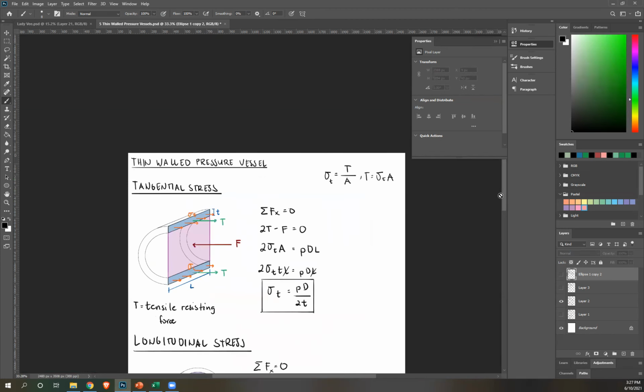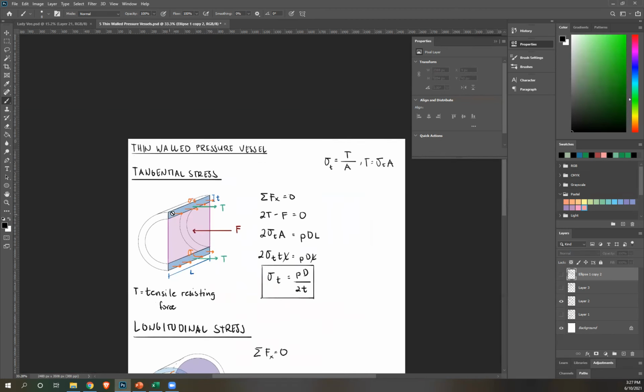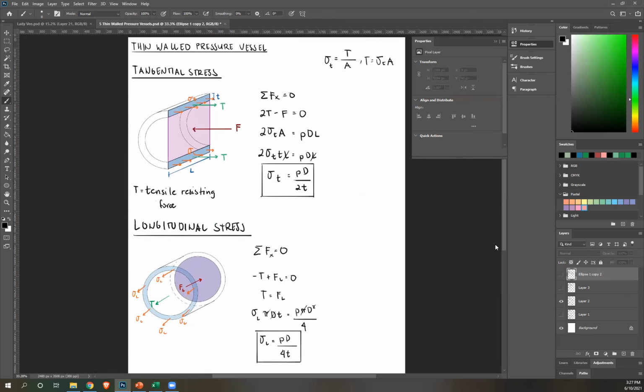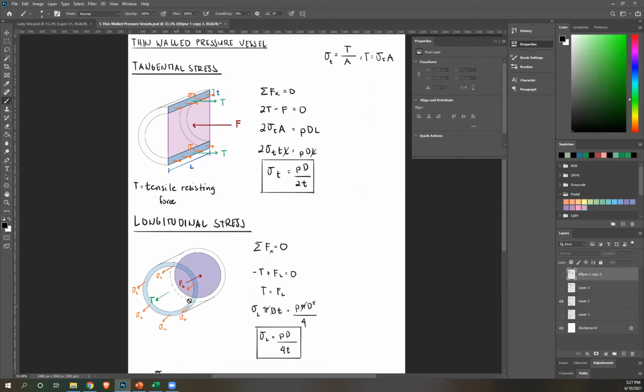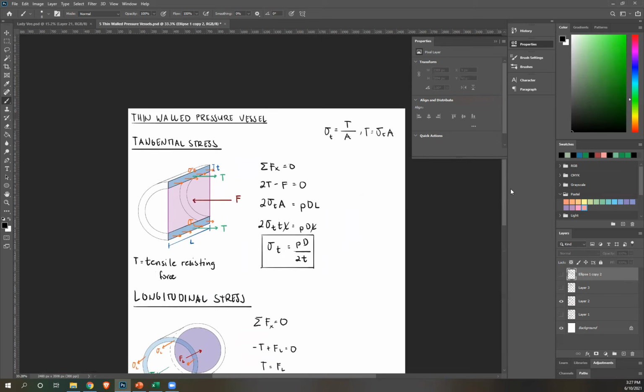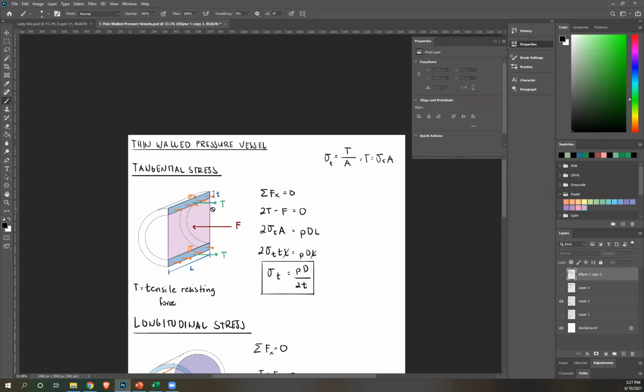Let's look at our derivation. As you can see, tangential along the sides, longitudinal along the perimeter. So the naming is a bit confusing. Okay? So the reason why this is tangential stress, because as you can see, these forces are tangent to your vessel.